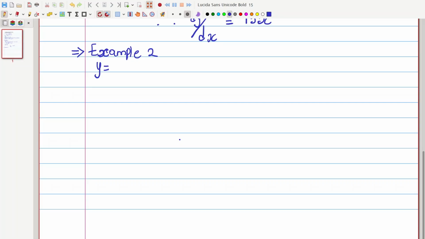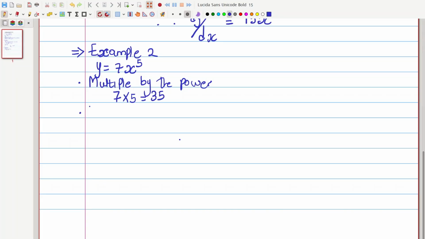Example 2. y is equal to 7x raised to power 5. The first step, multiply by the power, which is 7 times 5, which is equal to 35.